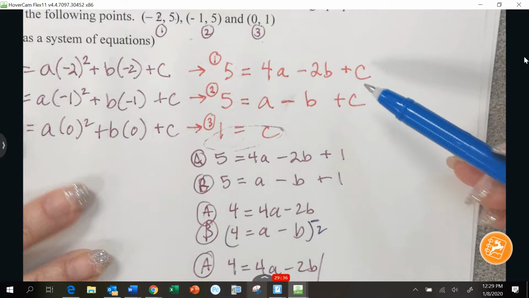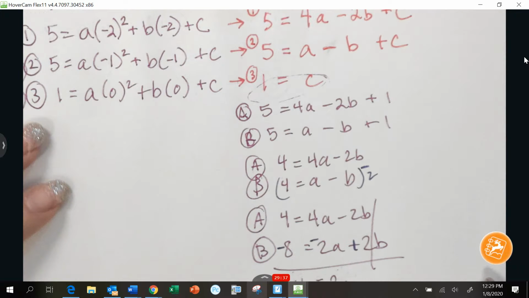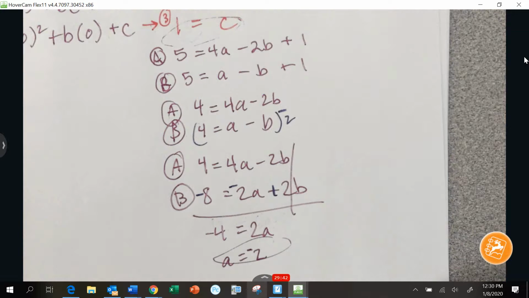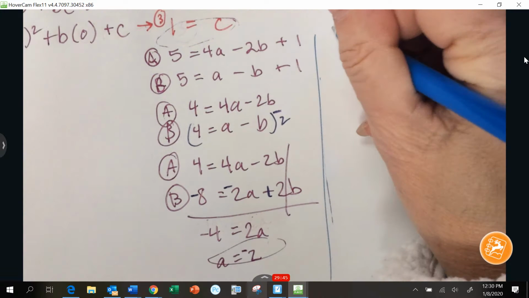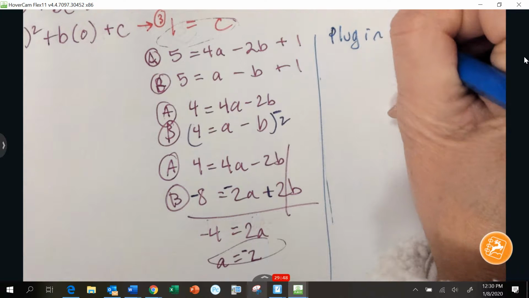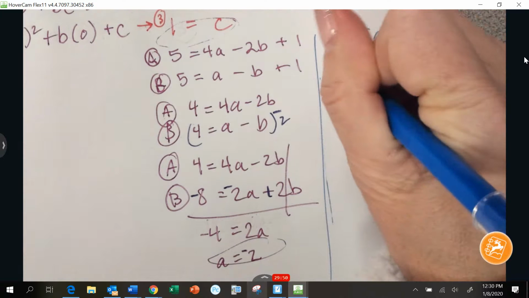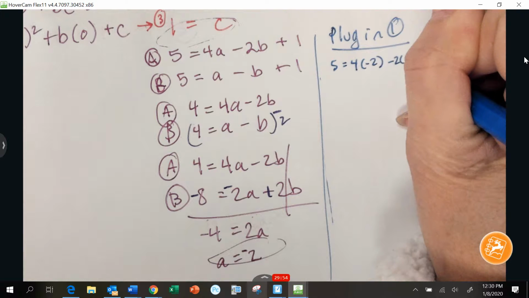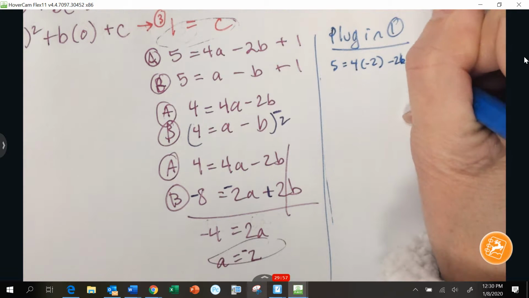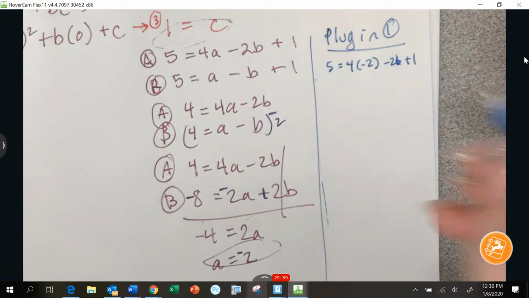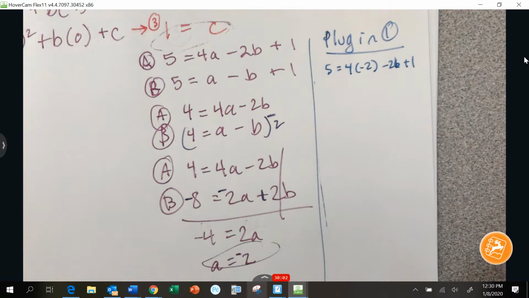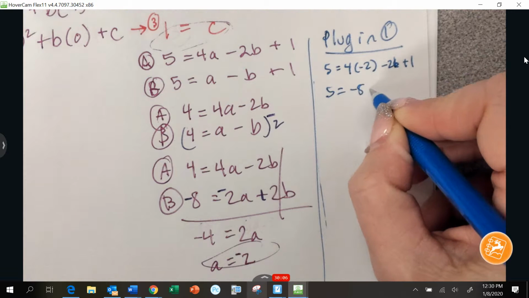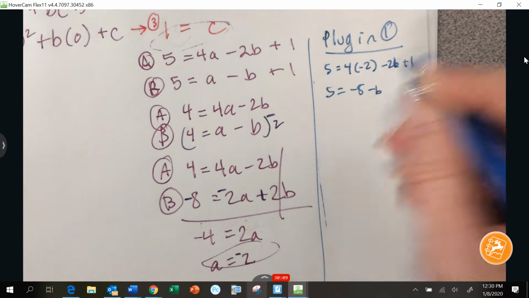I'm going to plug them in 1. 5 equals 4 times -2 minus 2 times b plus 1. Okay, 5 equals negative 8. It's 2b.